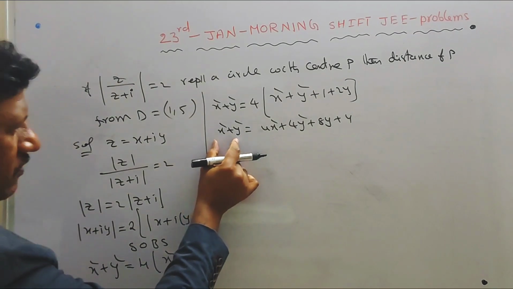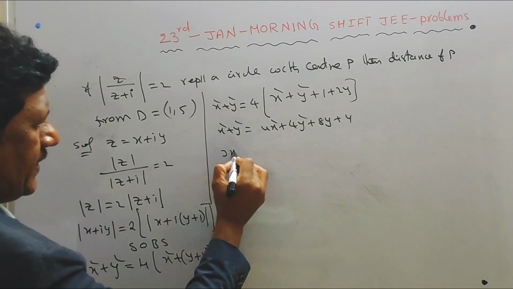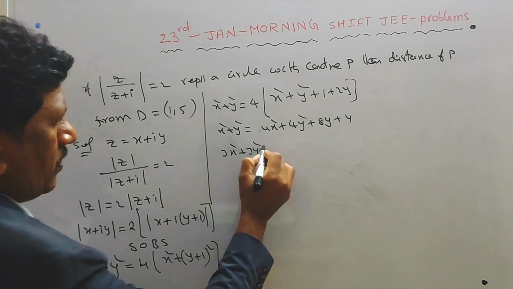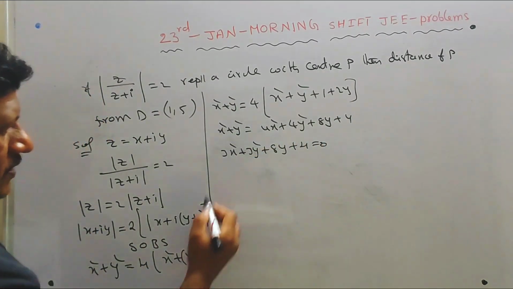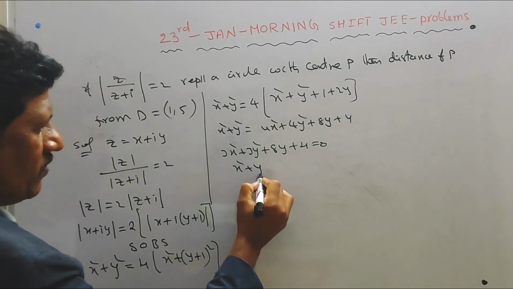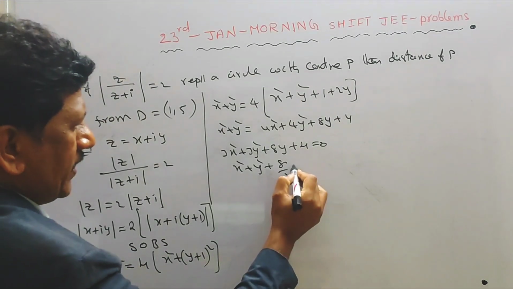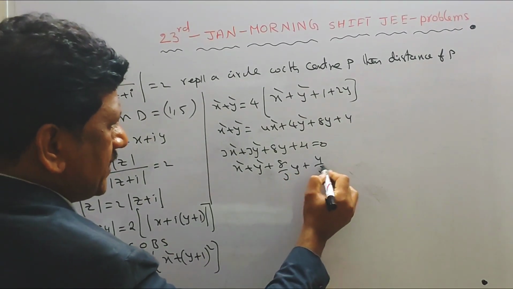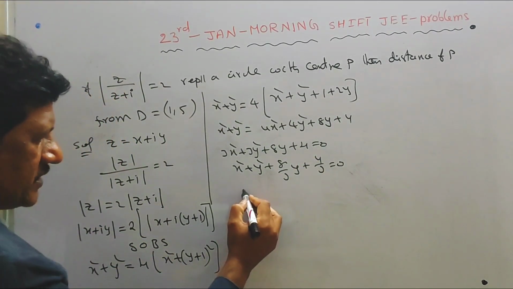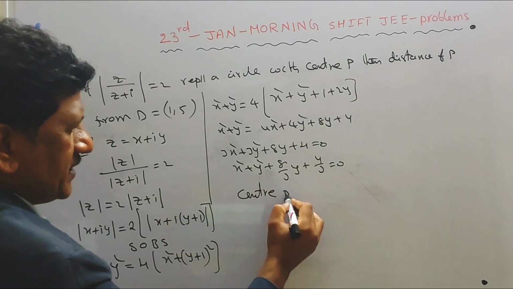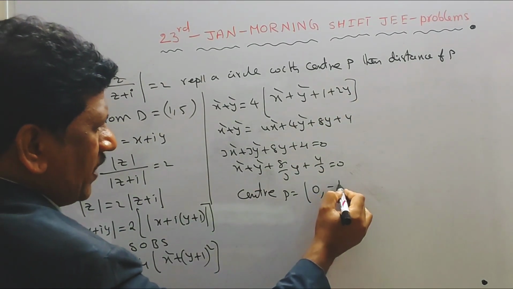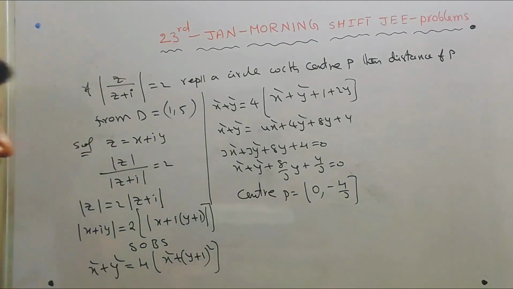Okay, bring all the values to this side, you will get 3x square plus 3y square plus 8y plus 4 is equal to 0. Divide by 3, x square plus y square plus 8 by 3y plus 4 by 3 is equal to 0. Then you find out the center. The center is taken as P. So P is equal to 0 comma minus 4 by 3 is the center.